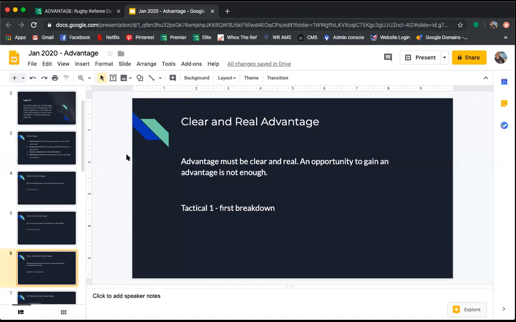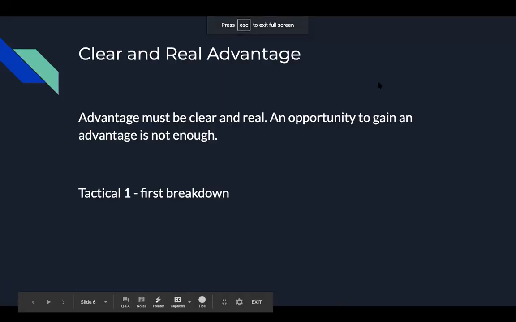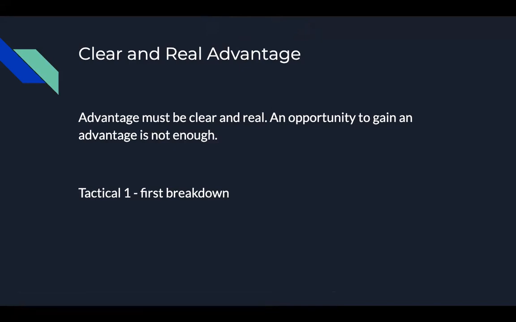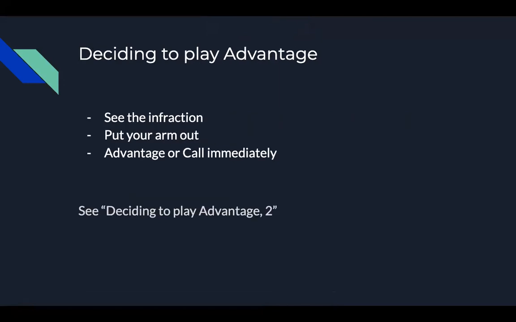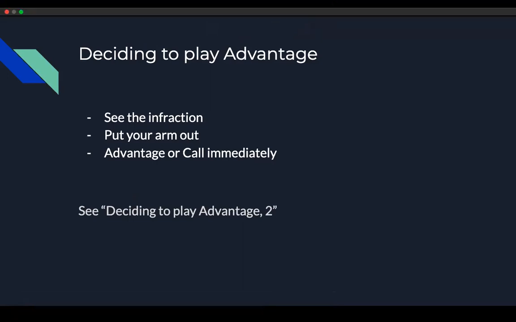So the most basic way of this is you can't call advantage for a team if they don't have the ball. I see that a lot. I see a team knock it on and pick it back up, and the referee's like, advantage, and then just blows the whistle. Don't even say advantage. So, going into deciding to play advantage, the arm immediately coming out does not mean you're playing advantage.